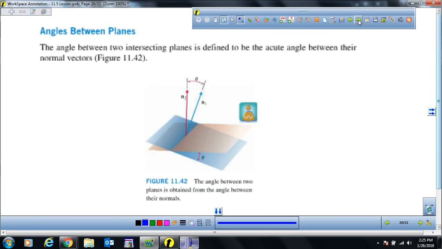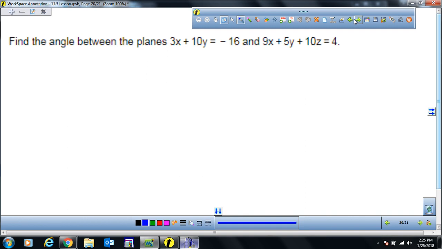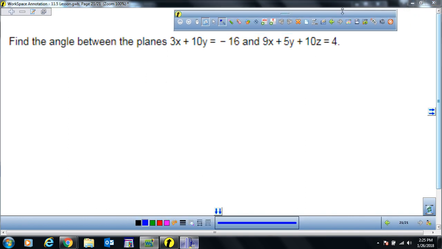Alrighty. Now we're going to go ahead and find the last question. We're going to find the angle between the two planes. To find the angle between the two planes, we're going to use the same formula for the angle between two vectors. So all we're going to do is get a vector that is normal to this plane. That would be 3i plus 10j plus 0k.